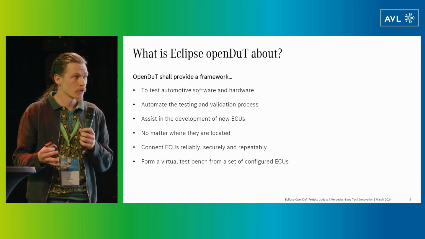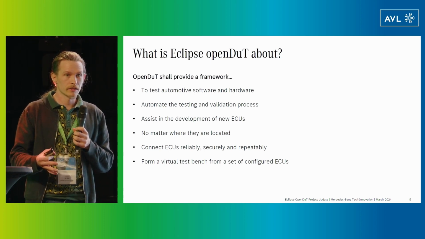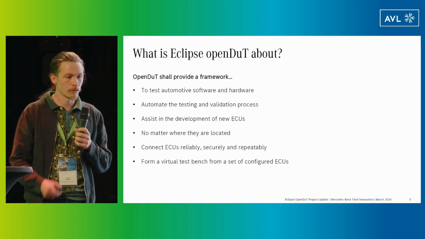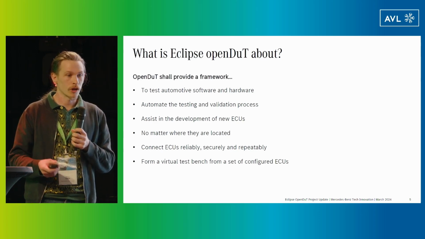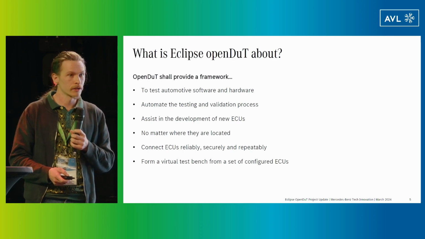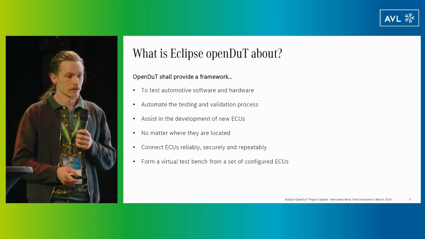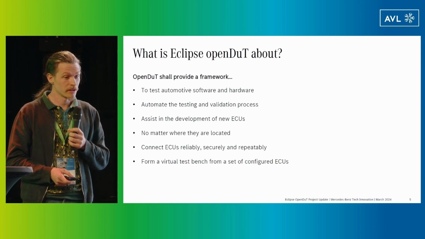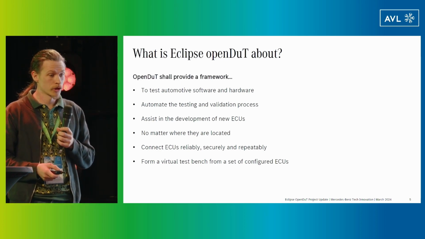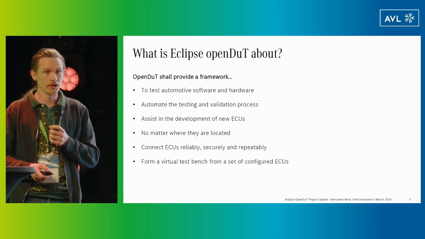You can bring your own ECU and connect it over the internet to an existing test bench, for example, and it shall work out of the box. It should be highly automatable, CI friendly, CI ready, and it should be reliable, secure and repeatable to do this, and form a virtual test bench from a set of configured ECUs.